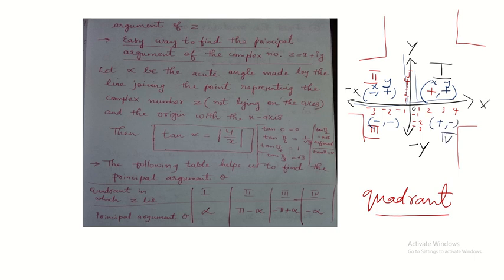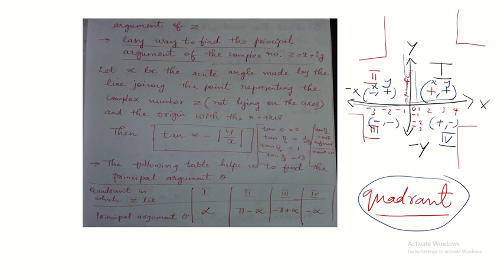This is your fourth quadrant. You have to keep this in mind while solving polar representation of a complex number. First quadrant: positive, positive. Second: negative, positive. Third: negative, negative. Fourth: positive, negative. So this is about the quadrant.